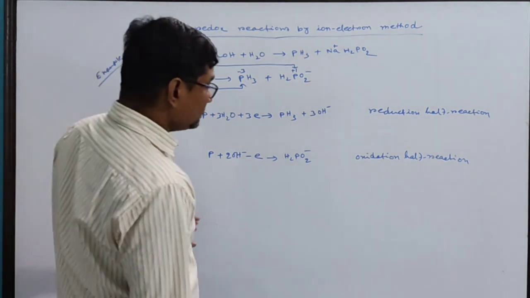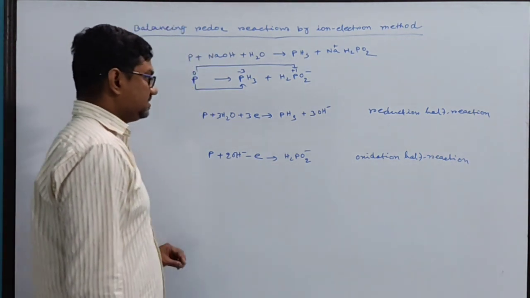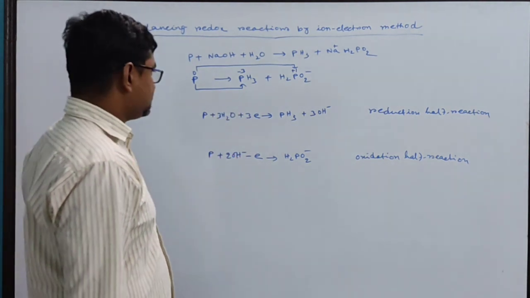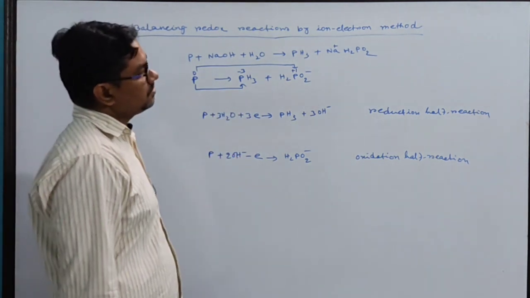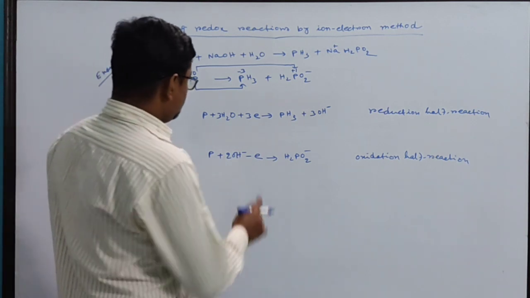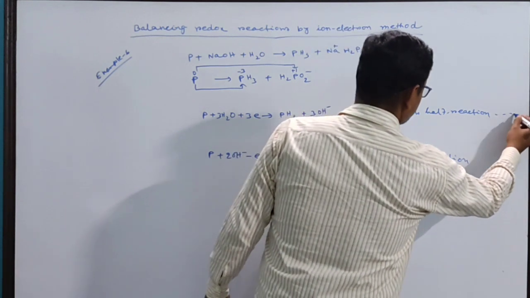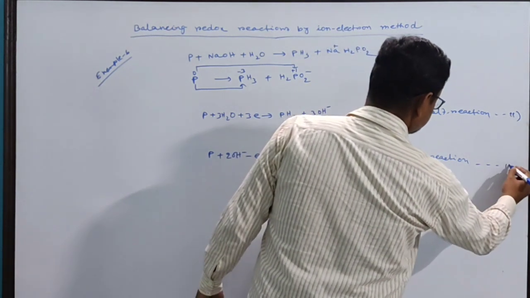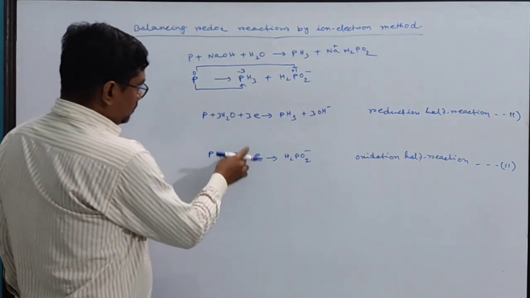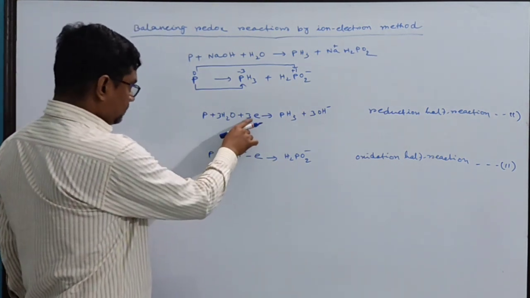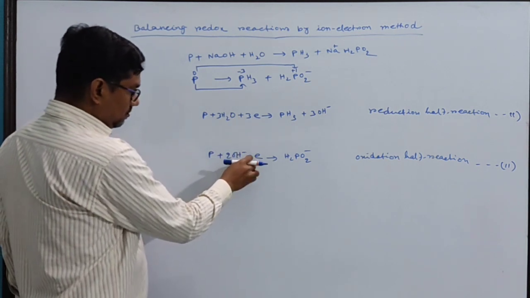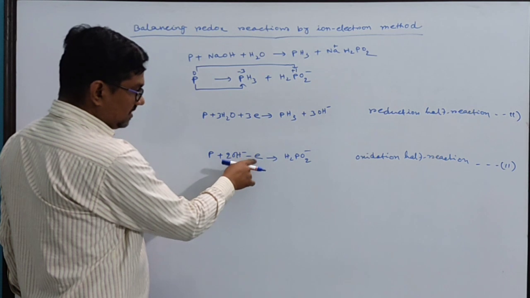Okay, now we have got the 2 half reactions. Now our task is to combine these 2 reactions to get the overall balanced redox reaction. Okay, for that we will first write it as number 1 and this one is number 2. Now we will multiply this reaction with the coefficient number of the electron.